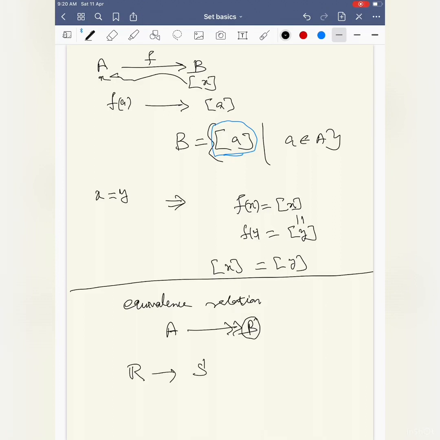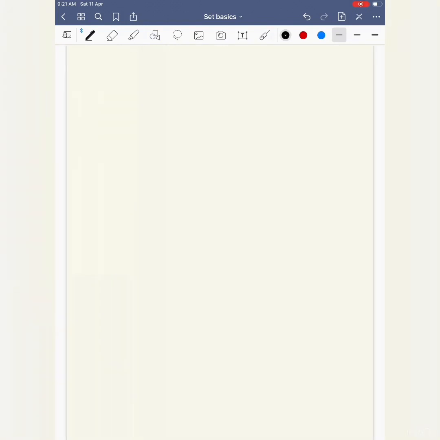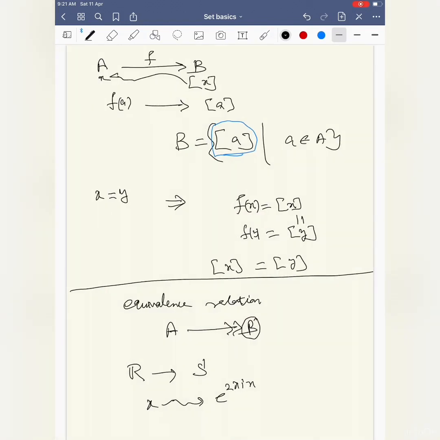For example, take the real numbers to S1, where I want to talk about 2 pi periodic functions. You can split it 2 pi periodically with x goes to e to the power 2 pi i x. This is a surjection map. Whenever you have a surjection map, you have a split; whenever you have a partition, you have a surjection map. This is how it's defined.